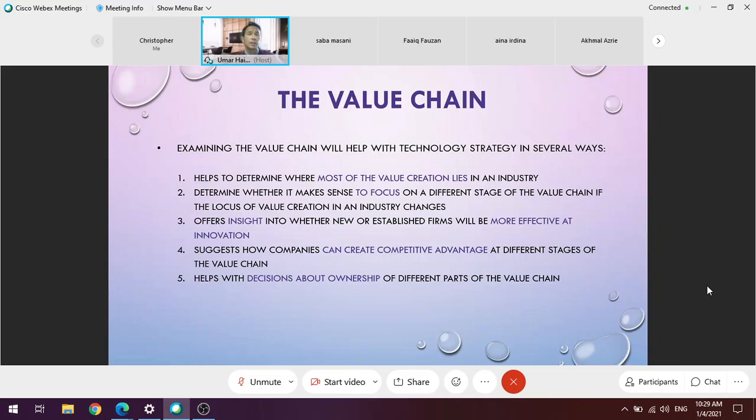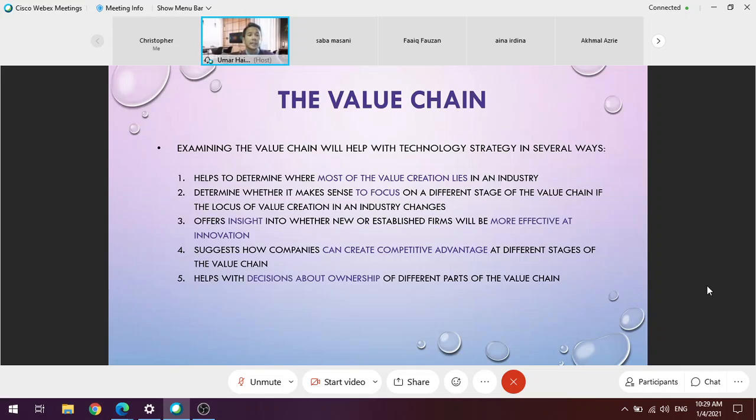But if you are focusing on, for example, the services industry, whereby more or less your main core business is how you are going to please the customers, interact with them, and make sure that you have a good rapport with them, that means you need to focus on marketing and sales.